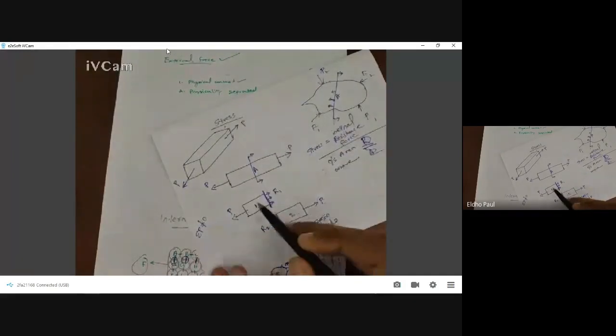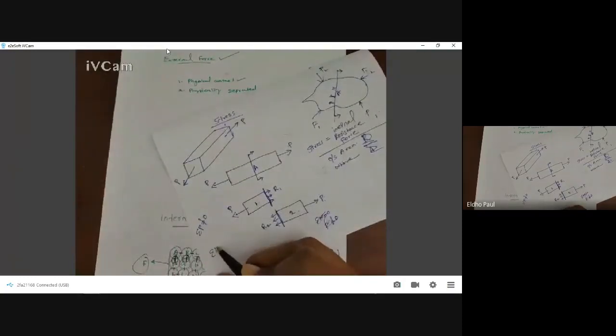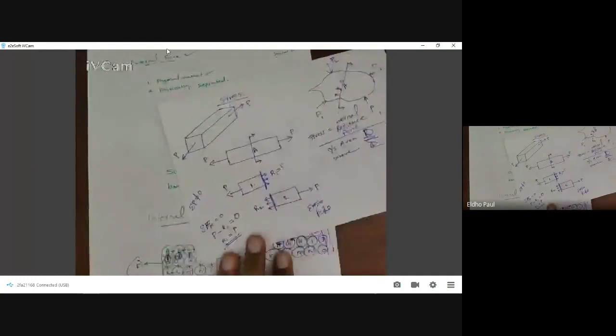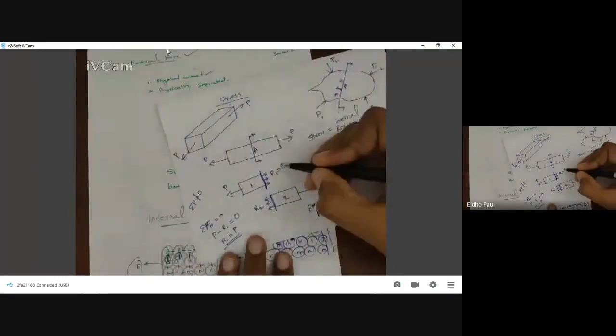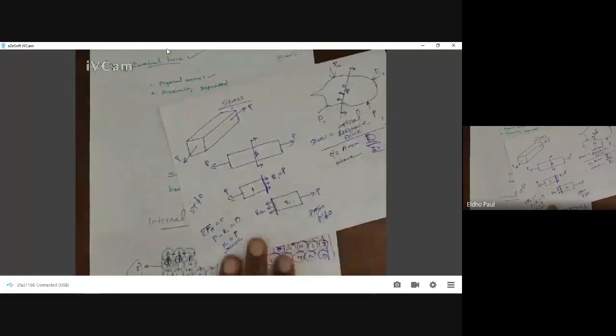If part 1 is in equilibrium, the sum of all horizontal forces is equal to 0. Then P minus R1 equals 0, so R1 equals P. The same logic applies here, because the sum of all horizontal forces is 0.